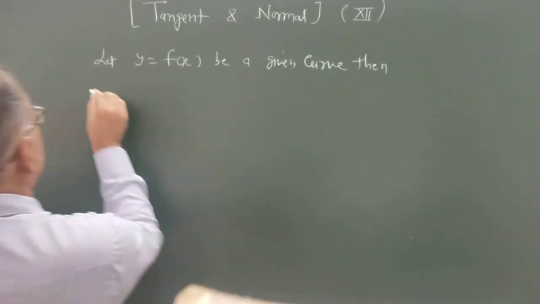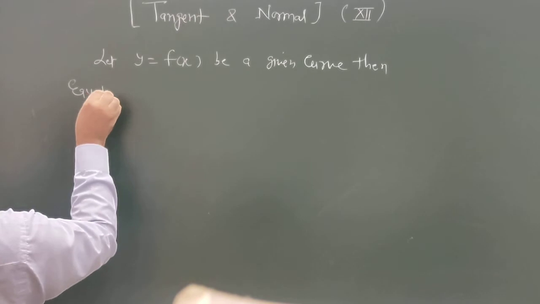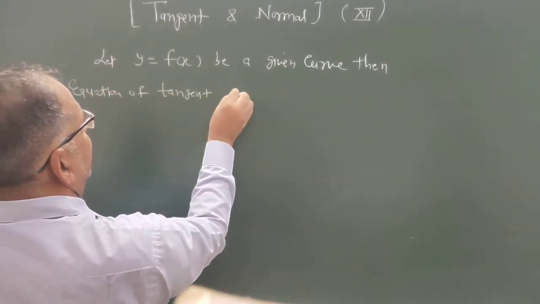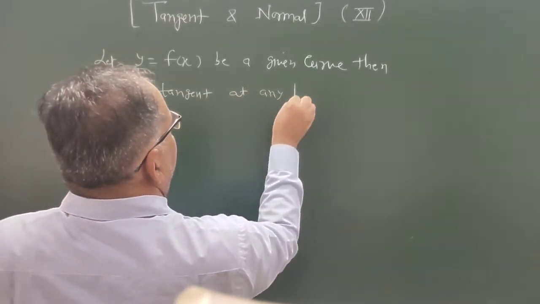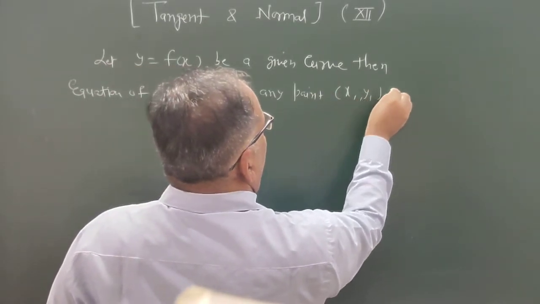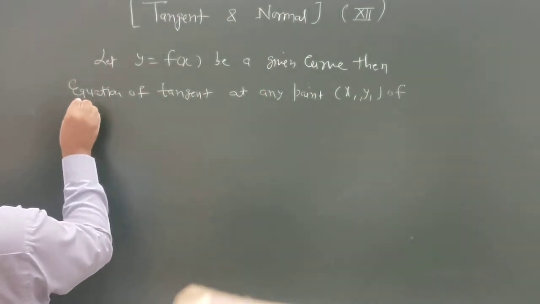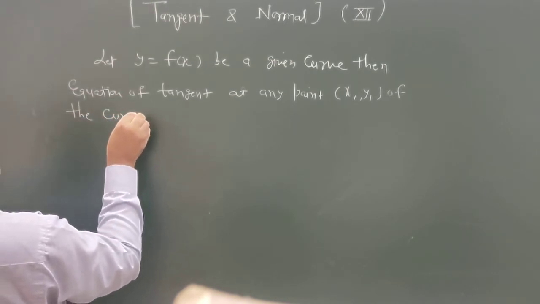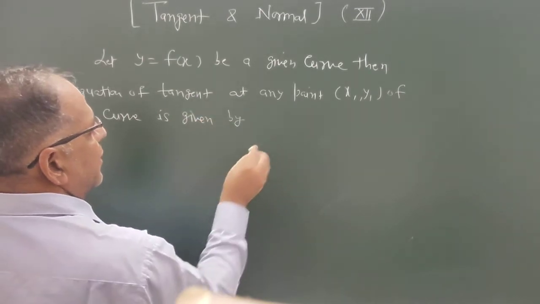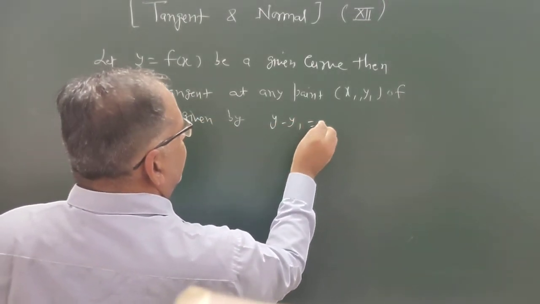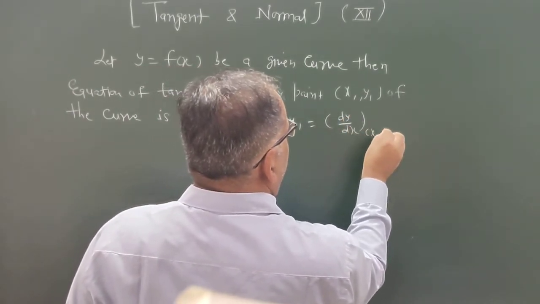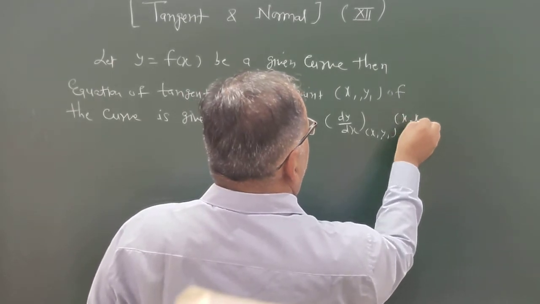Then the equation of tangent at any point (x1, y1) of the curve is given by y minus y1 equal to dy over dx at the point (x1, y1) into (x minus x1).